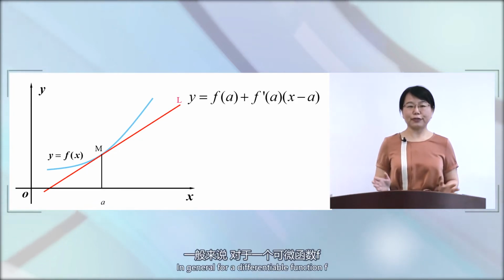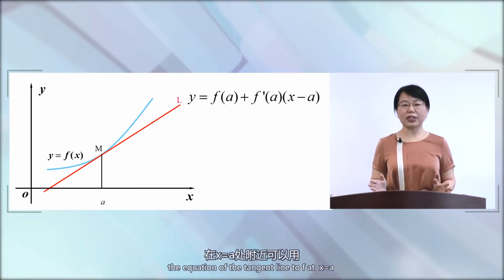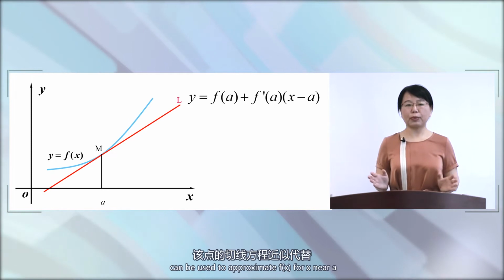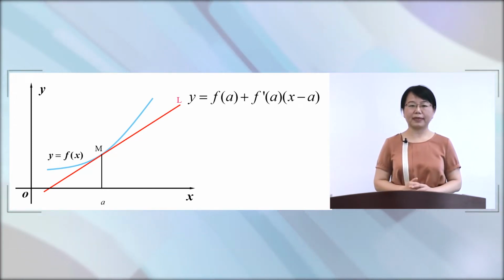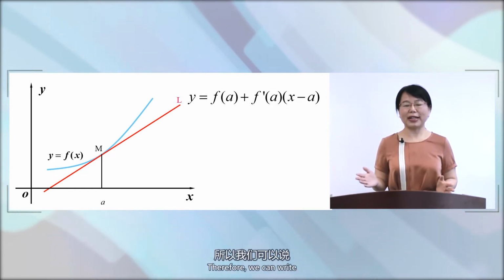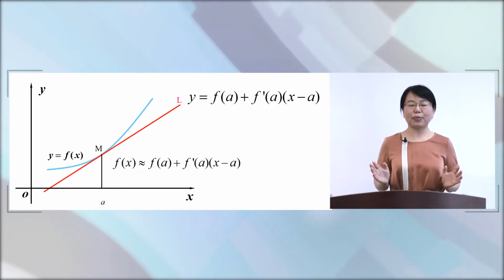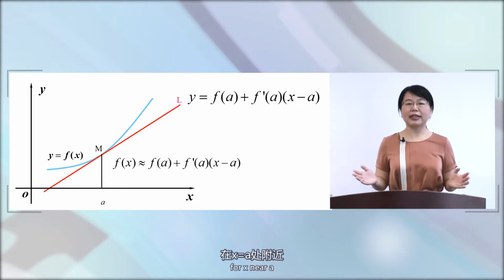In general, for a differentiable function f, the equation of the tangent line to f at x equals a can be used to approximate f of x for x near a. Therefore, we can write f of x is approximately equal to f of a plus f prime a times x minus a for x near a.